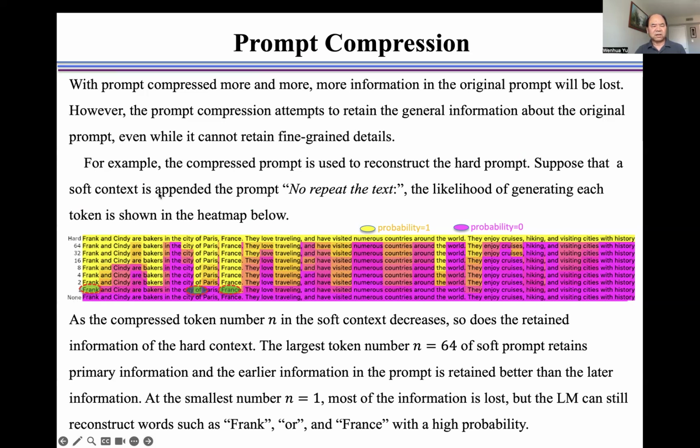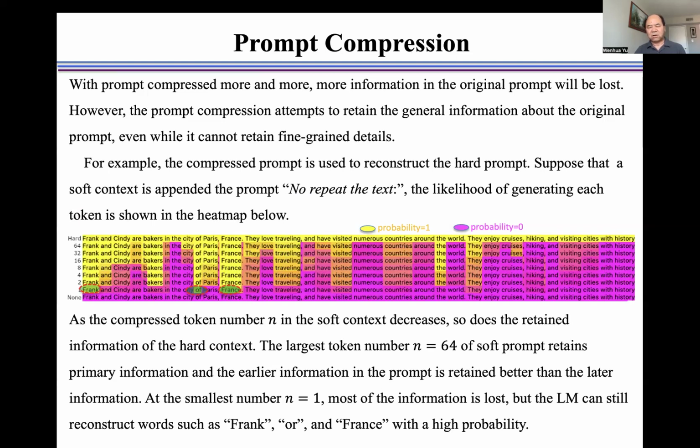Suppose that a soft context is appended to the prompt, "no repeat the text." The likelihood of generating each token is shown in this heat map here. As the compressed token number n in the soft context decreases, so does the retained information of the hard context.